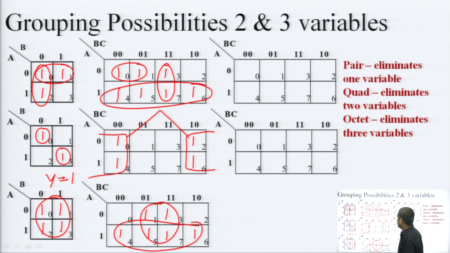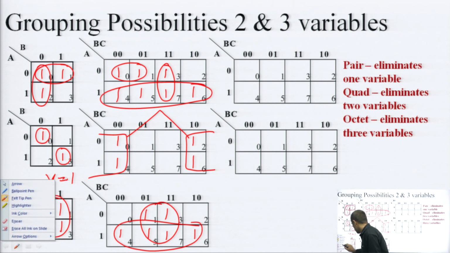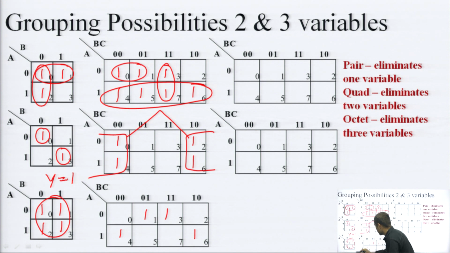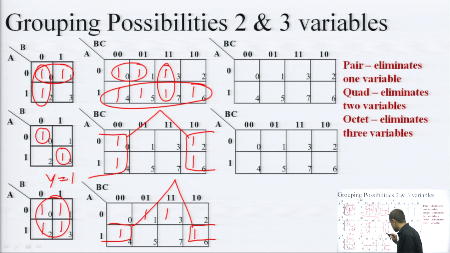Similarly, if I would have only 2 ones, if I erase these entries, okay, then this can also be treated as a pair. Instead of making 2 singles, we will make a pair of these 2. Okay. Again, it will be shown something like this. So, there are 2 pairs.